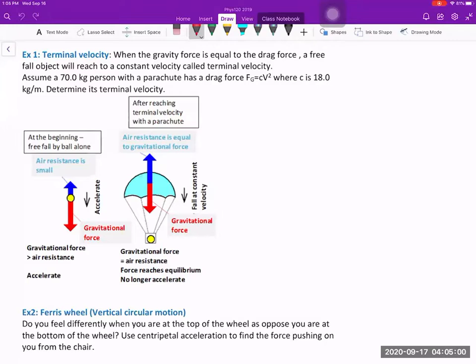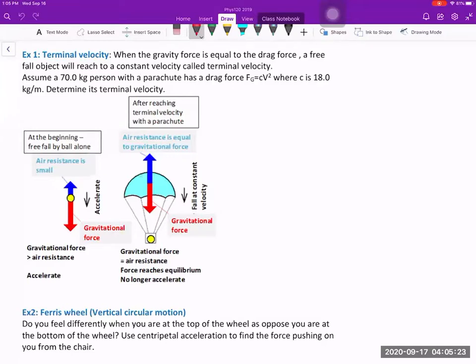Now, when you are using the parachute, and this is actually a terminology we use in parachuting, when you jump out of an airplane and you open the parachute, what happens during the process is this. When you jump out of an airplane, you are doing a free fall, right?